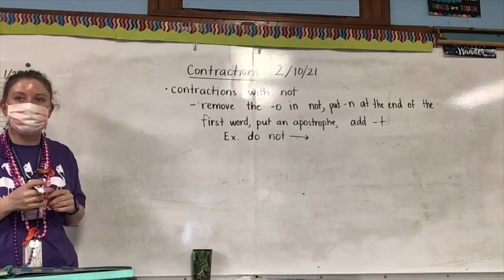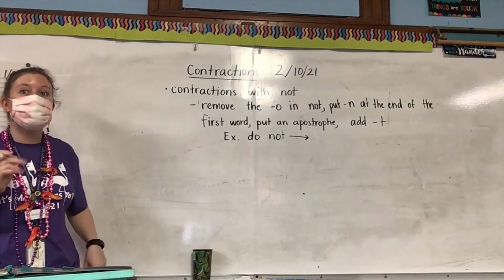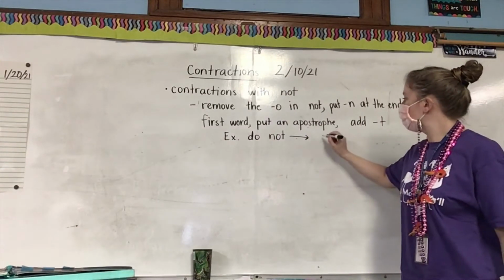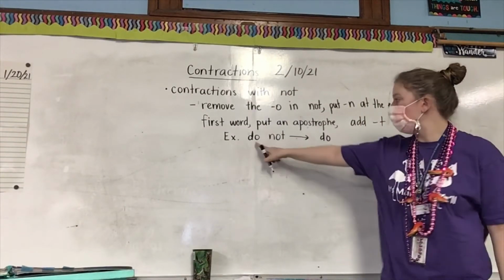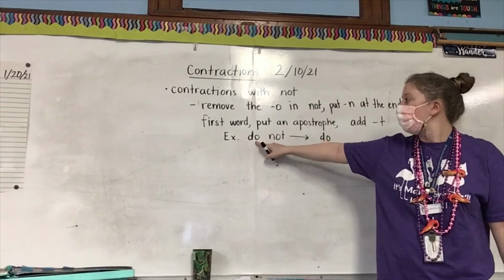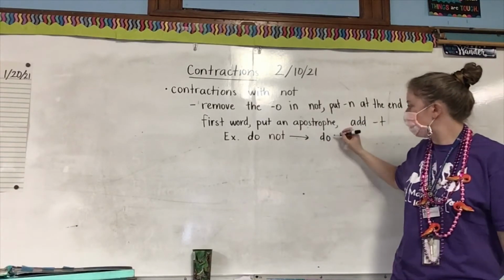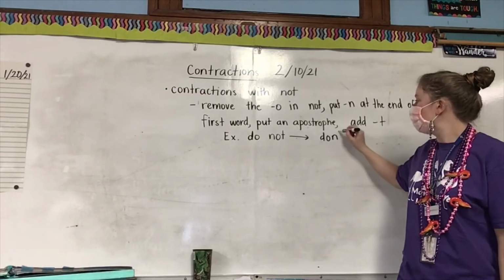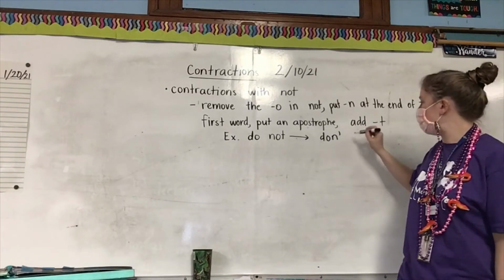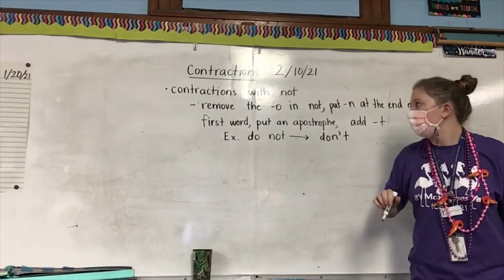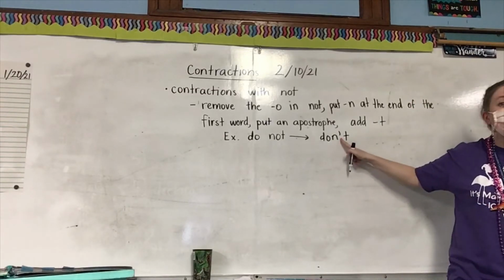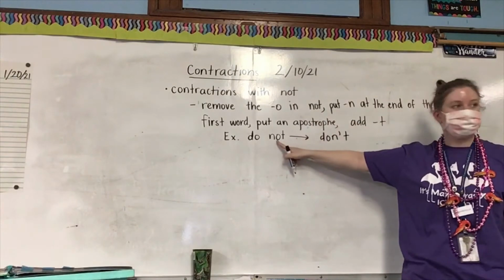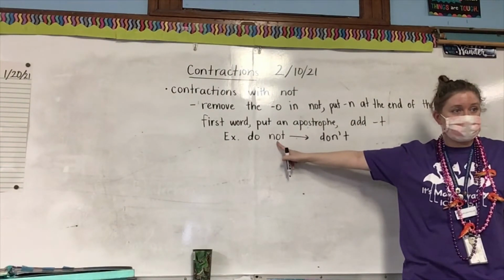Spell it for me. D-O from do. We put the N from not at the end of the first word. We put an apostrophe and then we add the T. So you can see the apostrophe replaces the O. All the other letters stay the same.